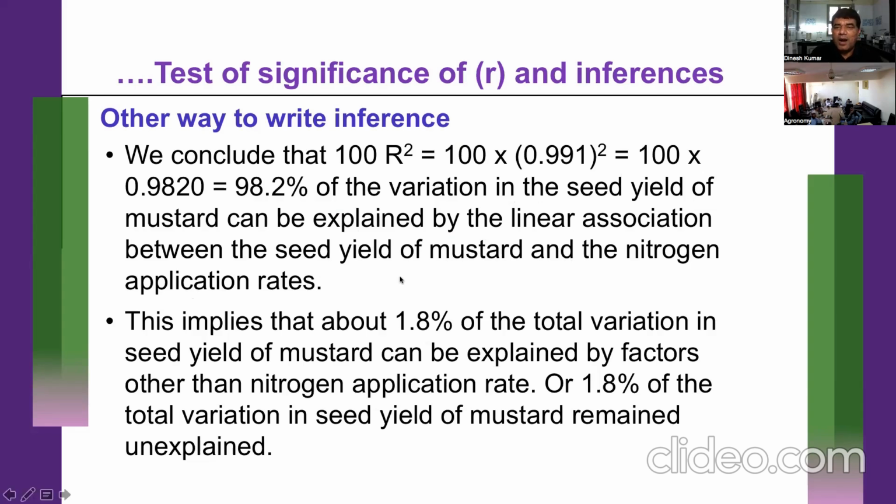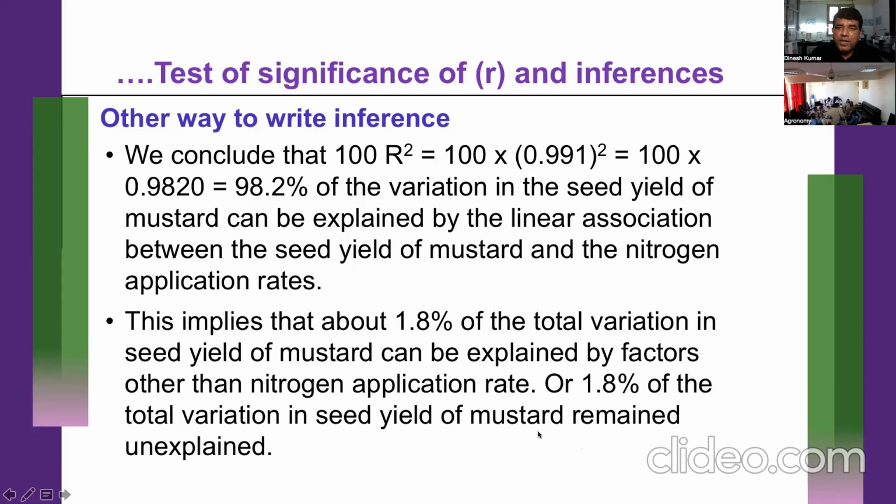The other meaning is 100 minus 98.2, which is equal to 1.8%. So this indicates that about 1.8% of the total variation in seed yield of mustard can be explained by factors other than nitrogen application rate, or 1.8% of the total variation in seed yield of mustard remained unexplained.